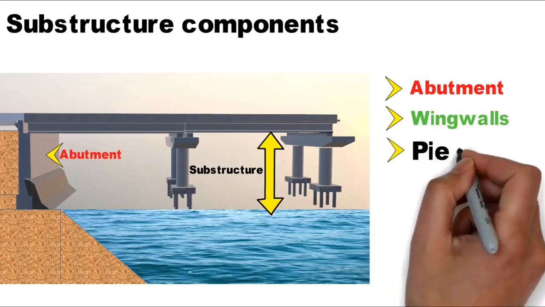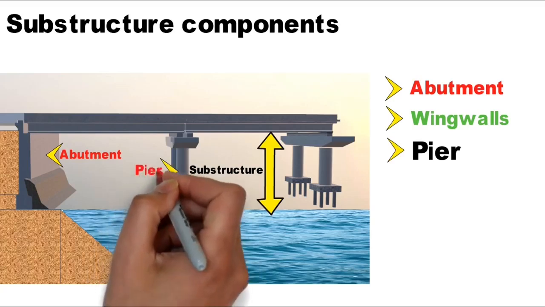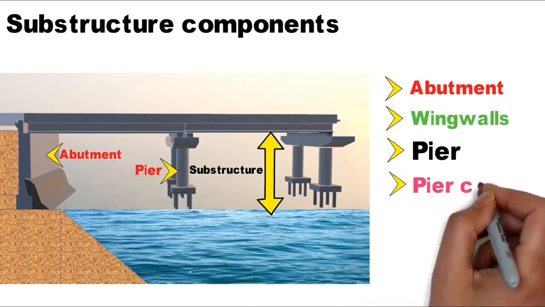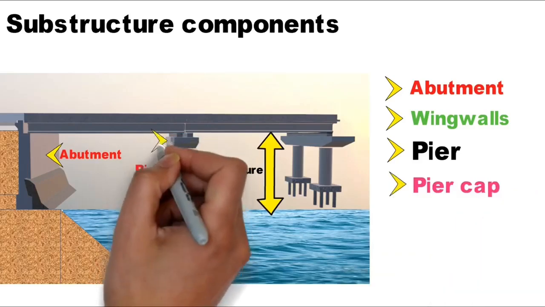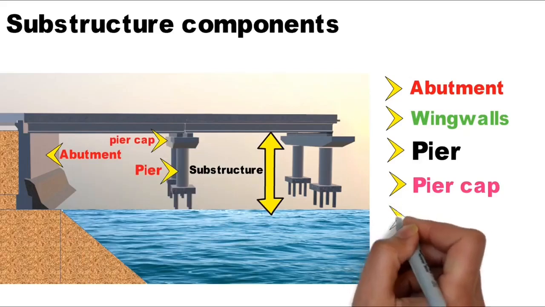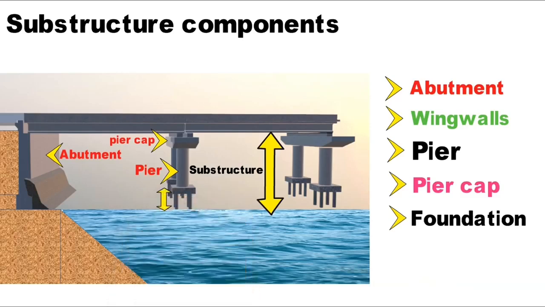These are the piers. The fourth one is the pier cap. The pier cap is just above the pier. It's a cap of a pier. And then comes the foundation part. This is the foundation part, the area below the pier.